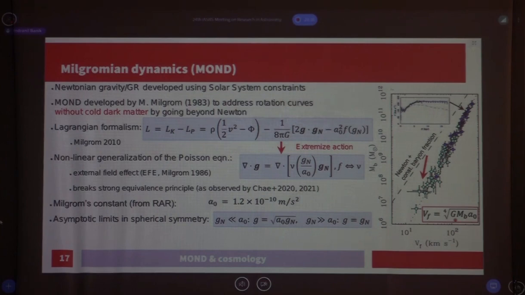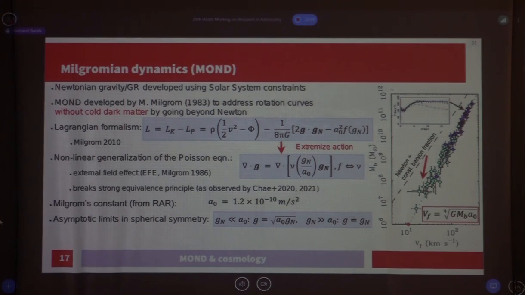Now, if you try to then test that, with data the vast majority of which did not exist in 1983, by the way, then you plot baryonic mass against the flat level of the rotation curve. The data points are on here, and the MOND prediction is this dotted line. So it has worked extremely well across almost 5 orders of magnitude in baryonic mass.